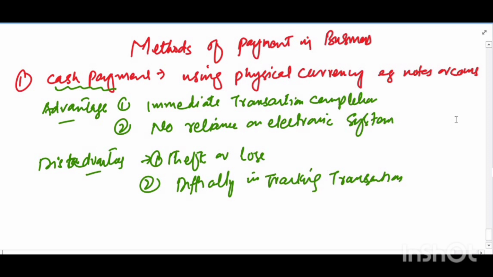For example, you go to the grocery store and purchase something, and you pay for the groceries with cash at a local store. So this is cash payment. Okay, I think this is more than clear.